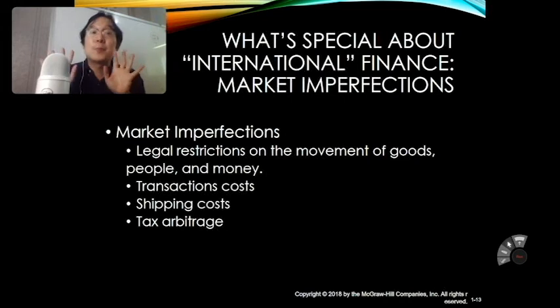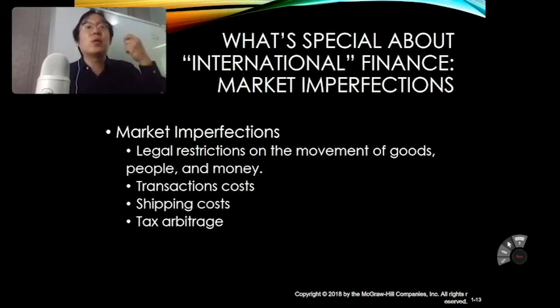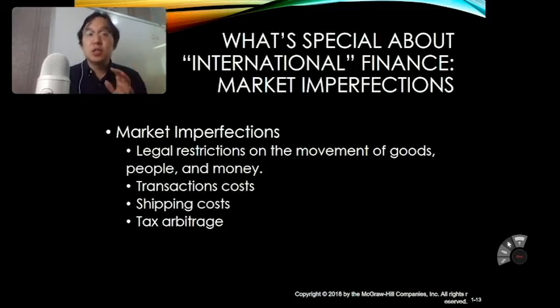We abstracted away from those concerns before. But in international finance, those impediments are precisely the ones we have to study. Transaction costs, tariffs or taxes, and shipping costs, all these things we have to worry about. How does that make our transactions or valuations more complicated? Okay, that's going to be fun.